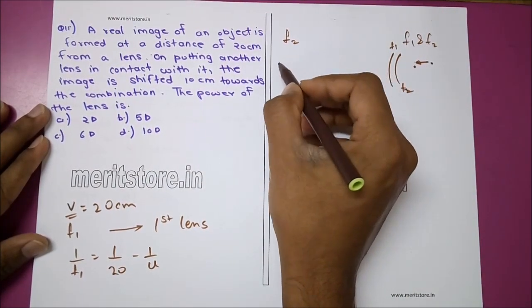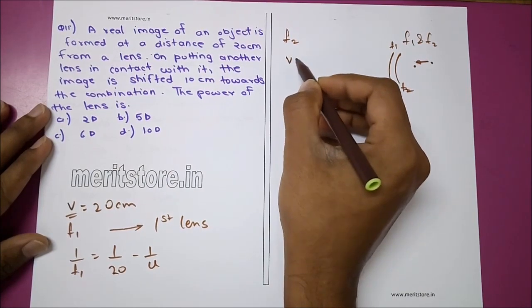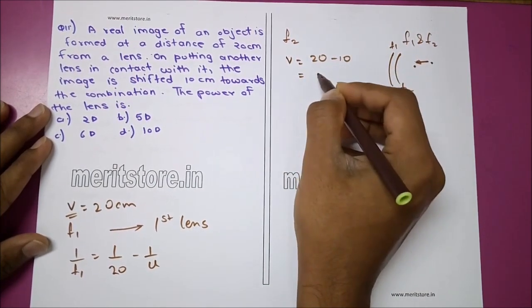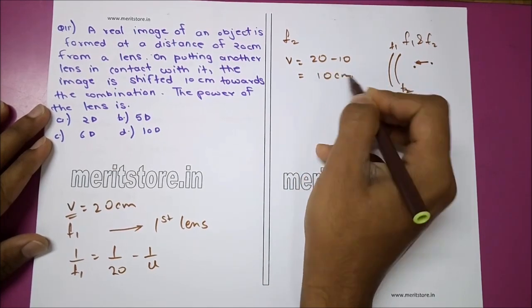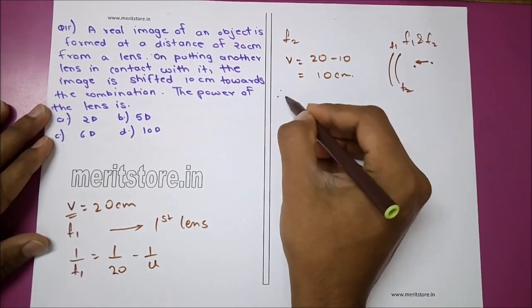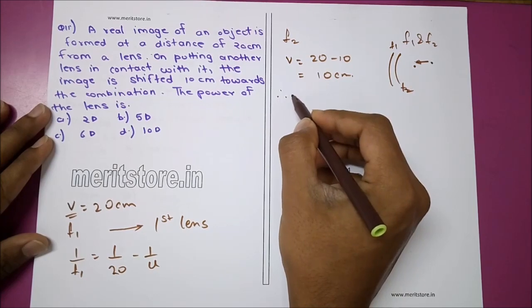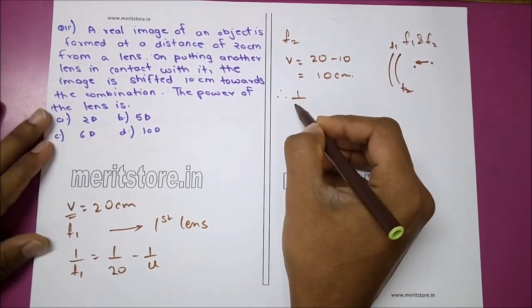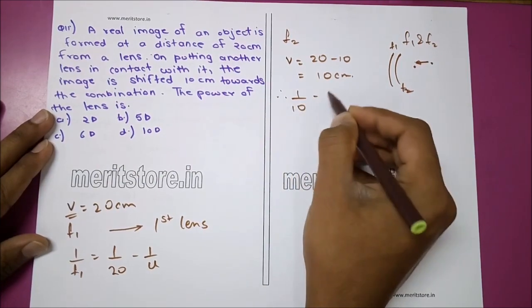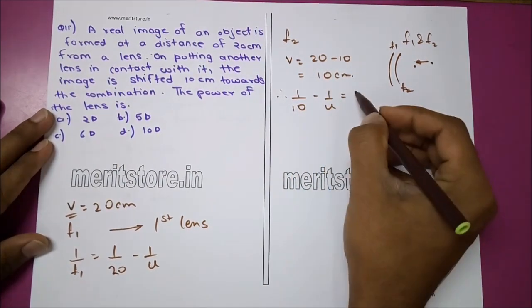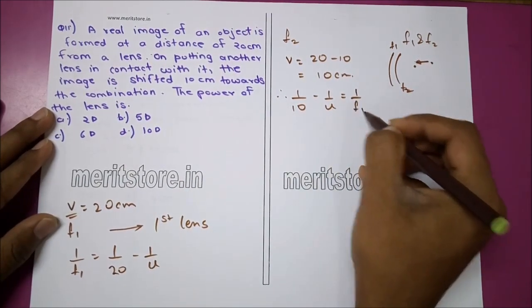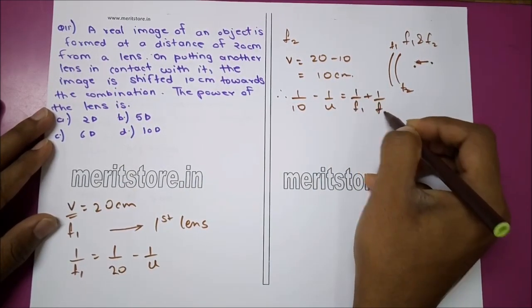Hence the image distance v becomes now 20 minus 10 centimeters, so that is equal to 10 centimeters. So applying again the general lens formula, 1 upon v now becomes 1 upon 10 minus 1 upon u is equal to 1 upon f1 plus 1 upon f2.